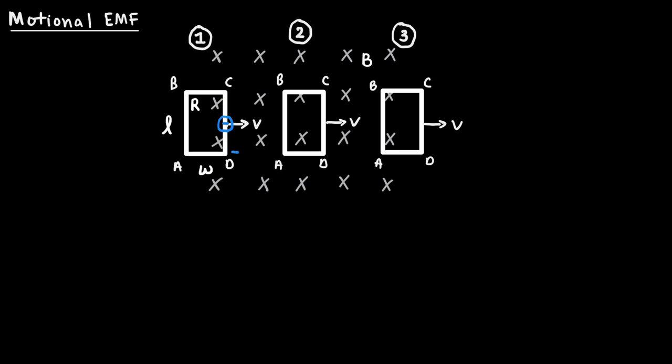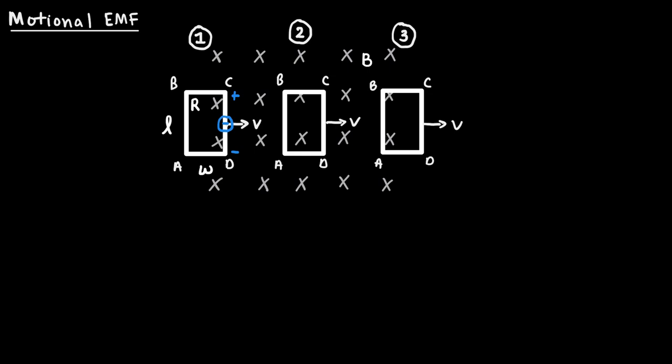And so electrons will start to be sent toward point D due to the interaction between it being a moving charge in the direction of the magnetic field, and by consequence then up toward point C there will be an excess of positive charge.